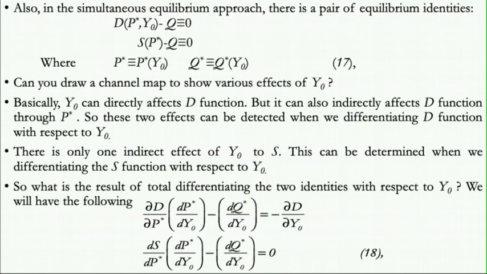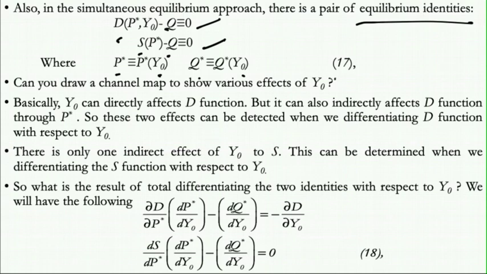Now also in the simultaneous equilibrium approach, there is a pair of equilibrium identities that we can see. So here, quantity demanded minus equilibrium quantity equals 0. Quantity supplied minus equilibrium quantity equals 0, where price depends on income and quantity depends on income. Can you draw a channel map to show the various effects of Y on price, quantity demanded and quantity supplied?